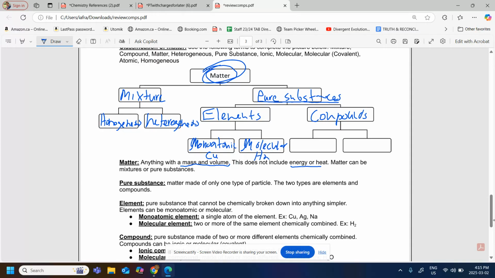It's not a compound because it's two of the same elements connected together. And then compounds, you might not have learned this, but some of you may have already. They can exist as two types. They can be ionic or molecular as well. Sometimes the molecular compounds are called covalent.